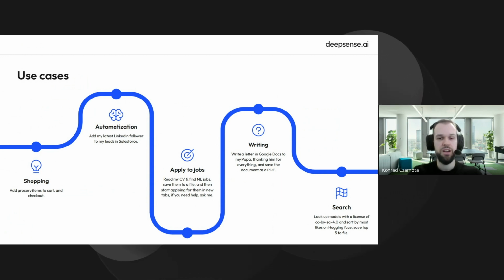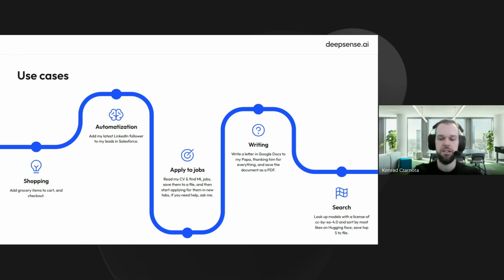You can ask it to apply for jobs. You can provide it with your CV and ask it to find relevant ML jobs and then apply to them. You can make it do the writing and then export it to a PDF file. Or you can do all kinds of search with given constraints, like models with a license and sorted by the number of likes.